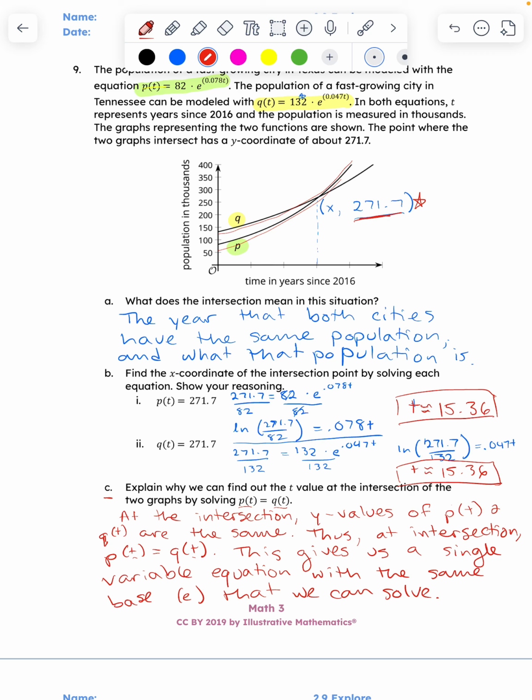If you don't know what else to do, sometimes solving can give you some hints for how you could explain yourself. But if it doesn't ask you to do a thing, you don't make yourself crazy trying to do it. And in general, make sure that you're answering the question that's being asked of you. I see lots of answers that are right answers to wrong questions, which is really easy to do. So don't make your life harder than it needs to be. Make sure that you're answering the question that is being asked.